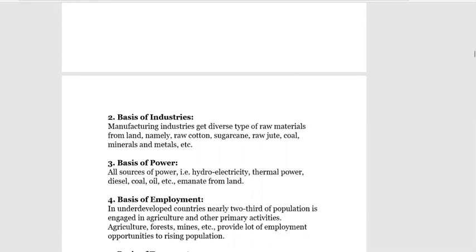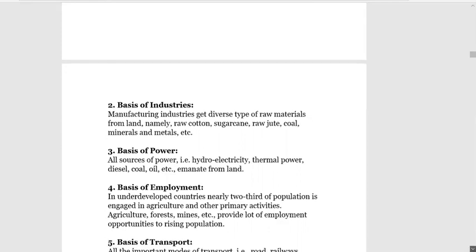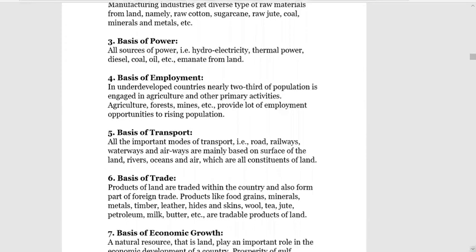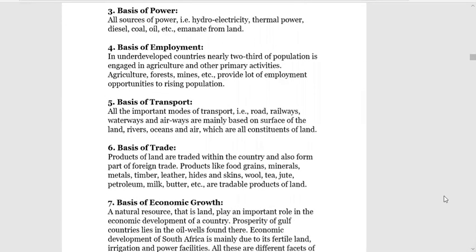It's a basis of employment. Why is it called a basis of employment? Whenever you set up a factory for production, an agricultural industry, or a power industry, what do you require? You require manpower, which gives employment.